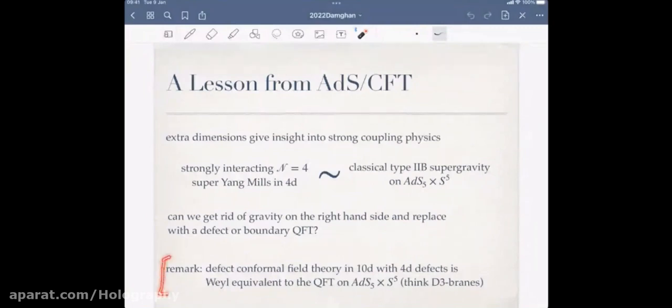But there's another thing you can say, which is that by Weyl rescaling the metric of AdS5 x S5, you get precisely a 10-dimensional system with these 4-dimensional defects, which are D3 branes. Whenever you have a conformal field theory, these Weyl transformations are under very good control because the parent curved space theory from which the conformal field theory comes has Weyl symmetry. So at some level, when you give up gravity on this side of the correspondence, you are really studying defect conformal field theory in flat space.